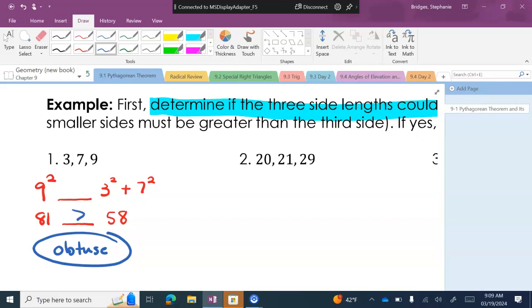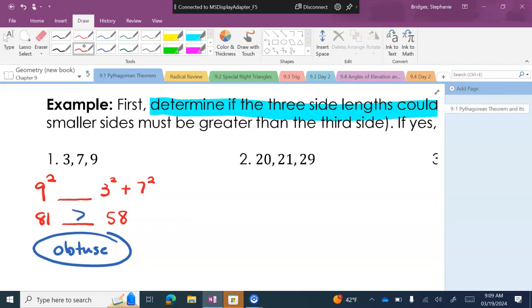Is c squared greater than, making it obtuse? Is c squared less than, making it acute? Or is c squared equal to, making it right? They're the same. So what would that mean? Acute, obtuse, or right? Right.